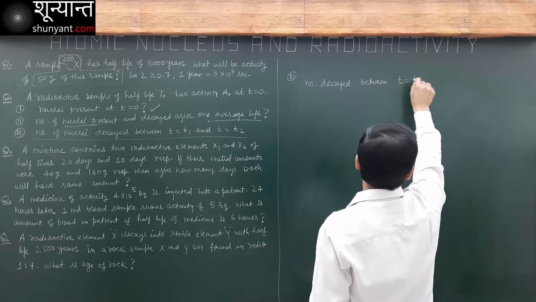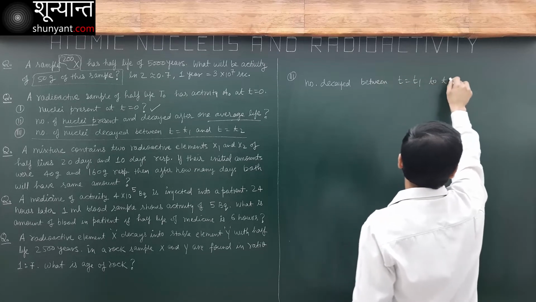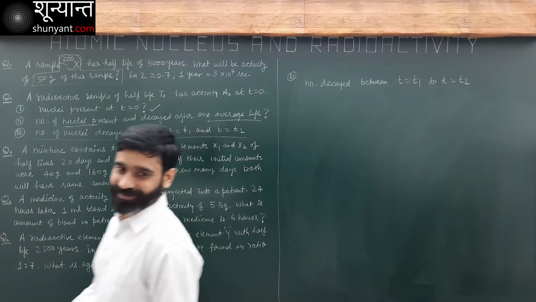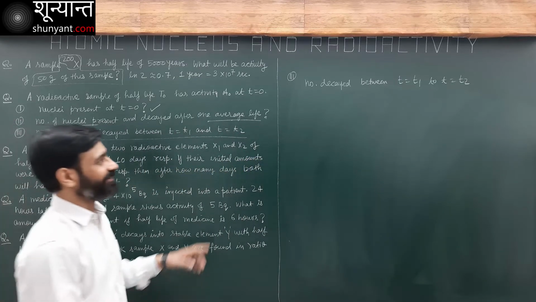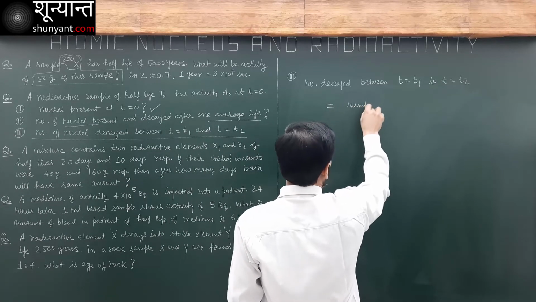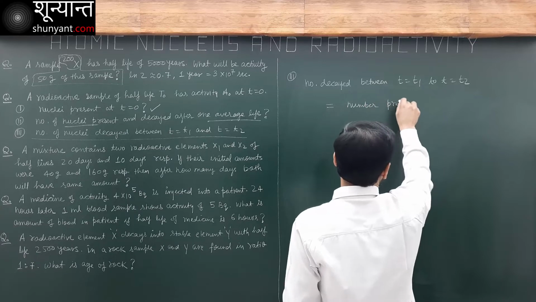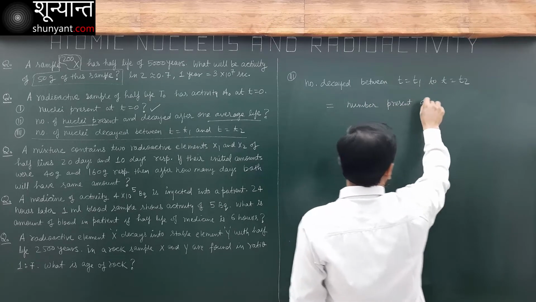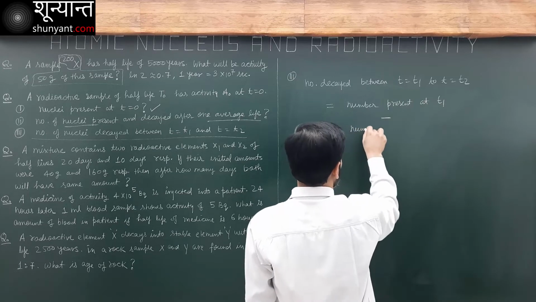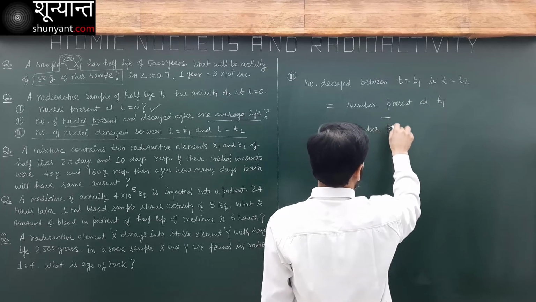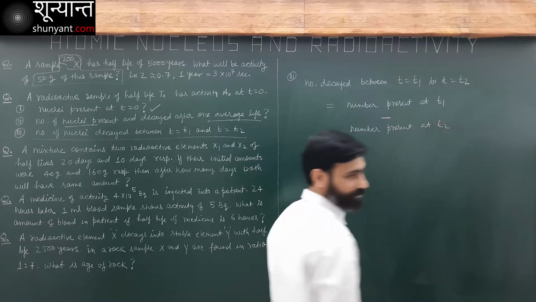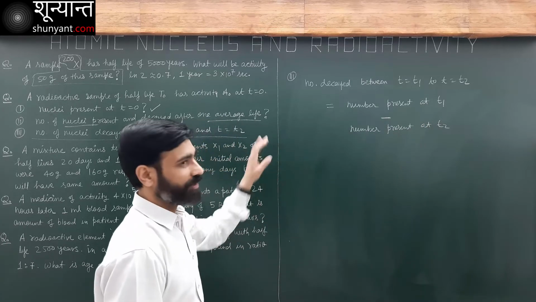How did you find it? What answer did you get? The number decayed between t1 and t2 will be equal to the number present at t1 minus the number present at t2. Did you do it the same way? That's how we can do it simply.